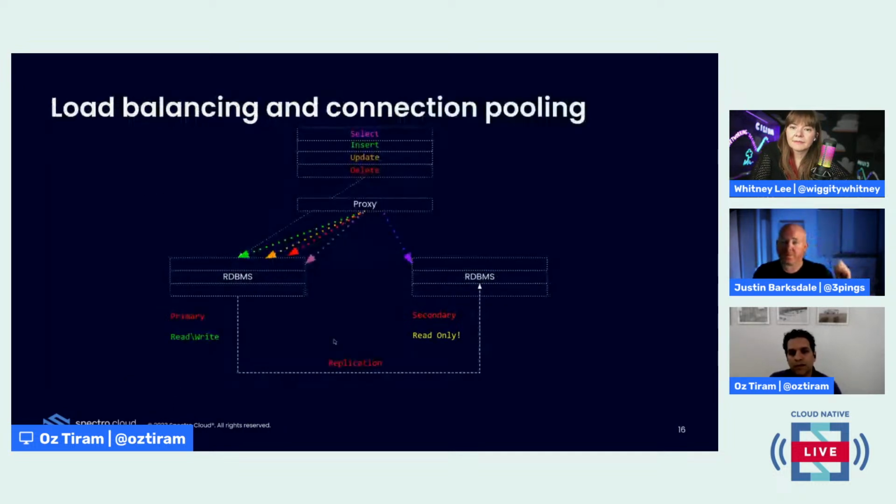Another type of high availability with relational databases is improving the availability of the primary database by having some kind of load balancer or proxy between the client and the database, which distributes requests by type to the right database.